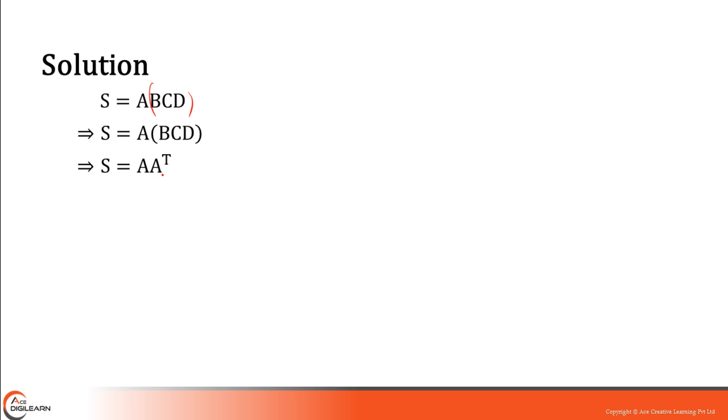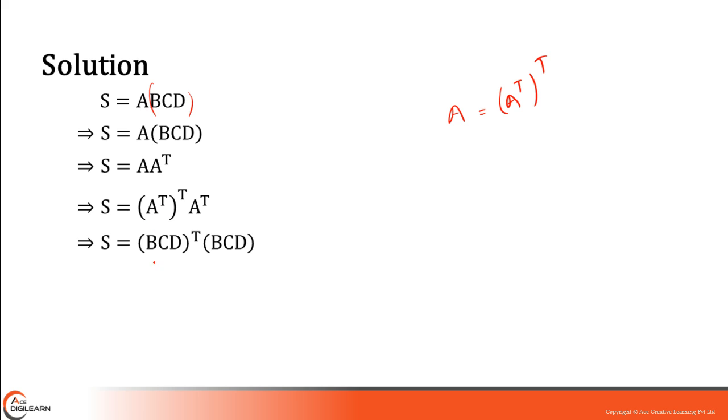So let us take the matrix S, which is given as ABCD, in which BCD is given in the question as A transpose. So replacing BCD with A transpose, we get S as A transpose, and A can be written as A transpose whole transpose, so we get S as (A transpose whole transpose) A. And substituting the value of A transpose as BCD, taking the transpose of BCD, we get D transpose, C transpose, B transpose into BCD.